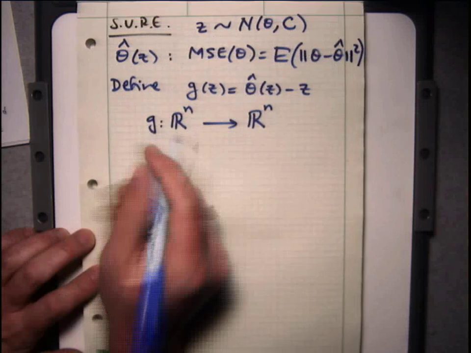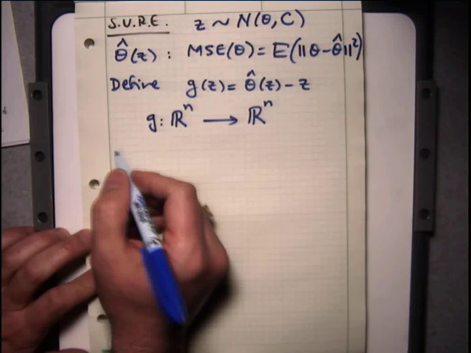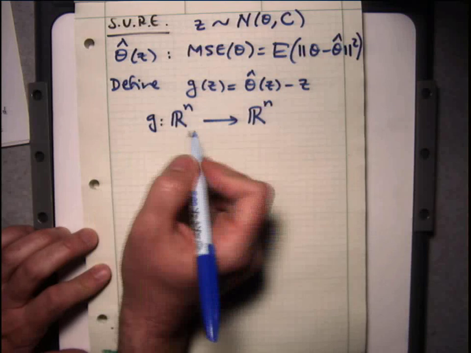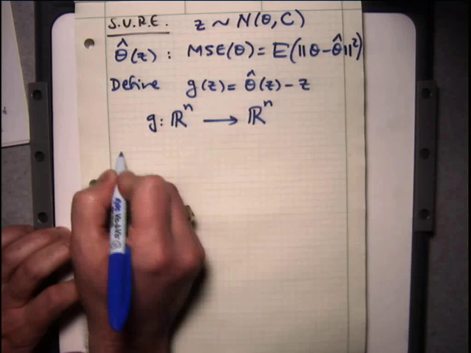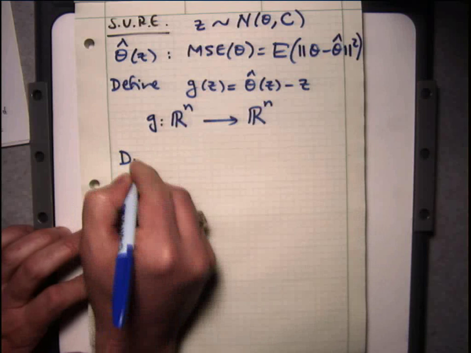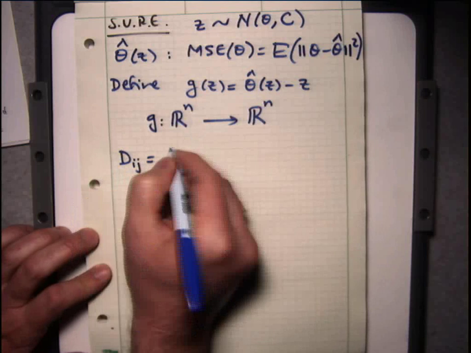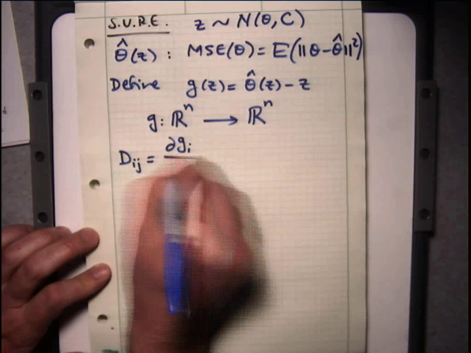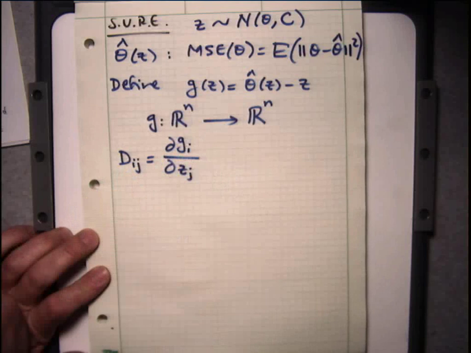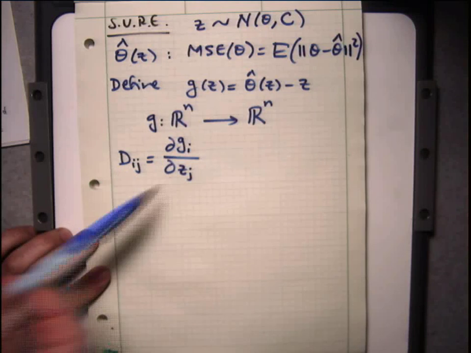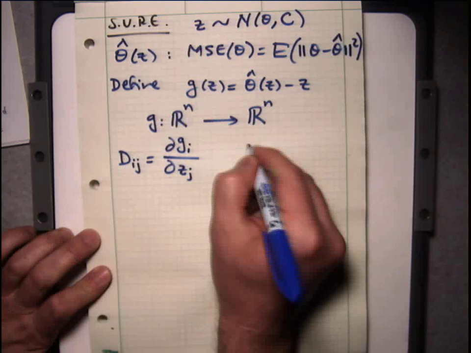All right, so then next thing we do is we compute the gradient, or the derivative of this function as follows. So d_ij, we write this as dg_i over dz_j. Okay? So what I want you to remember is that the function g actually looks like this, right?